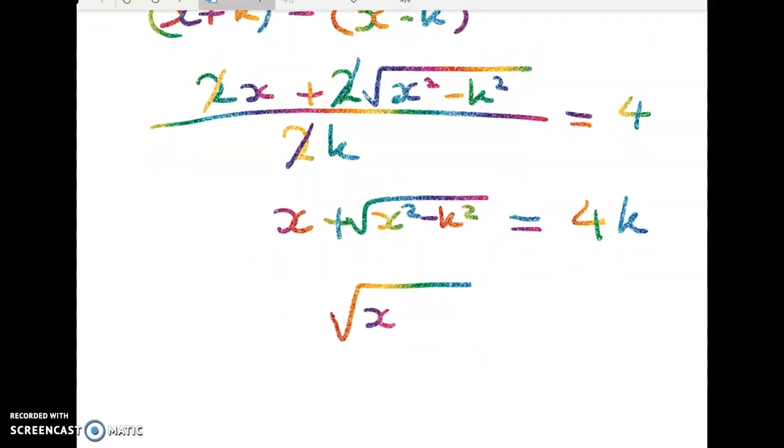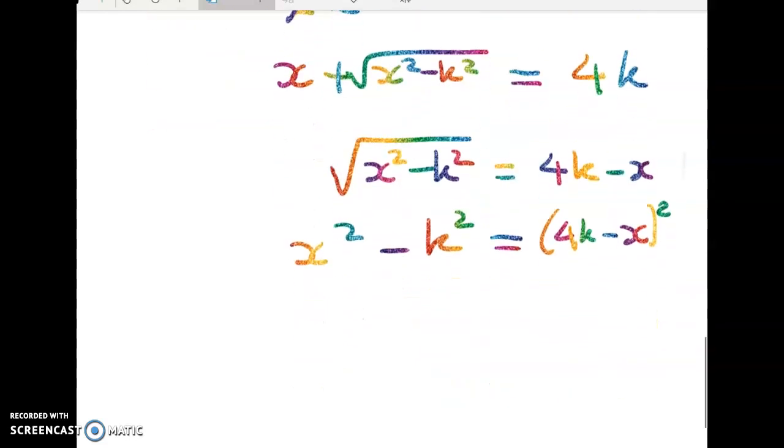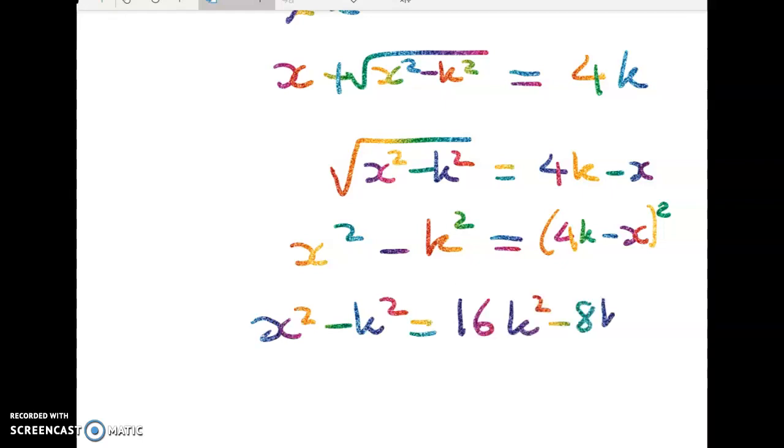Next, we do this. Believe it or not, this is how the schedule did it, and this is how I did it, because my brain was not working. Right, x squared minus k squared is equal to 4k minus x squared. Expanding that, we get x squared minus k squared equals 16k squared minus 8kx plus x squared.